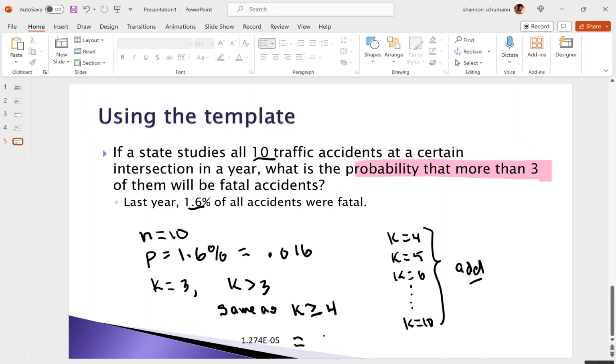So here's what this means. 1.274, the E means times 10 to the power, and the -05 is the exponent. So there's the answer. Or if I wanted to make it a decimal, you would move the decimal place 5 places to the left. So 4 zeros, 1, 2, 7, 4.